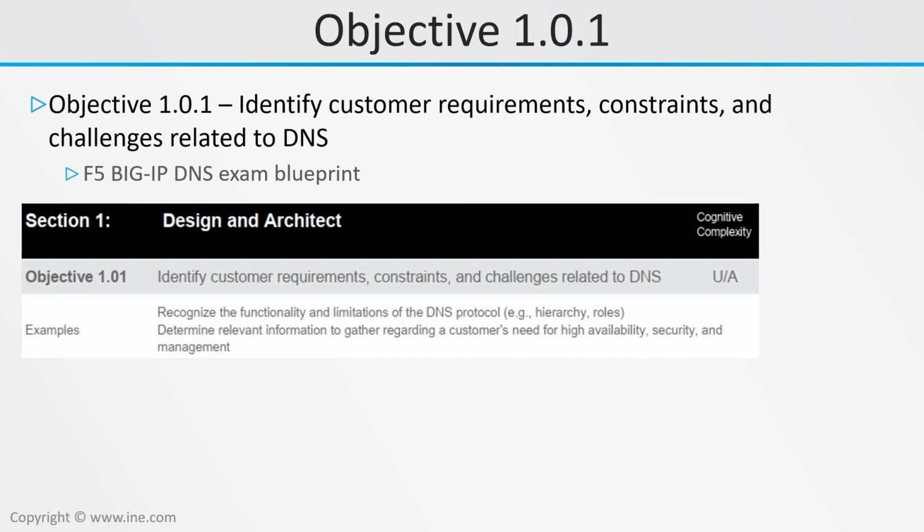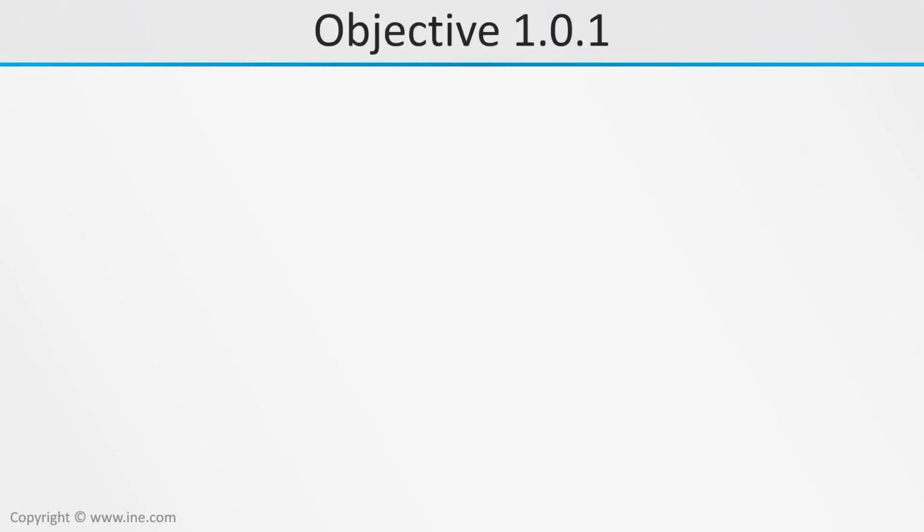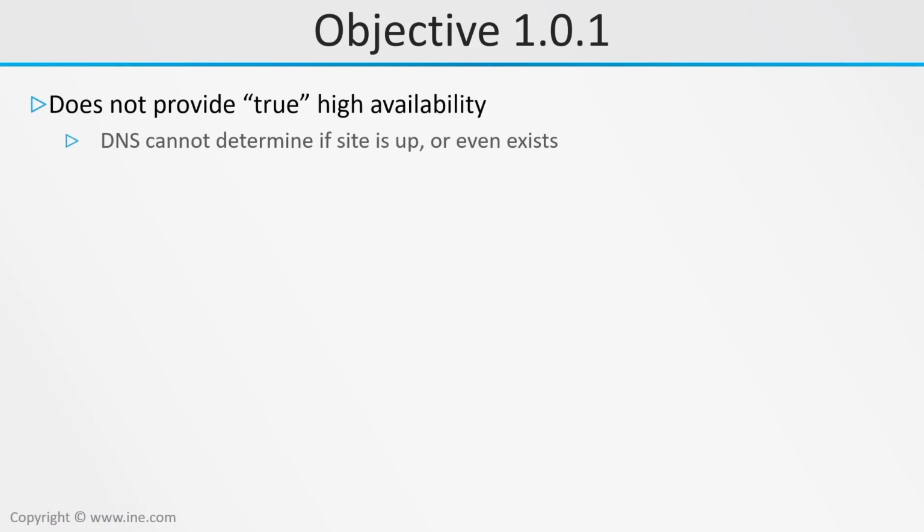We talked about some of the hierarchy and the roles related to the DNS protocol. And then we're going to get information about a customer's need for high availability, security, and management for DNS in their infrastructure.